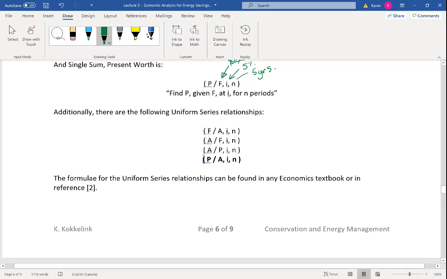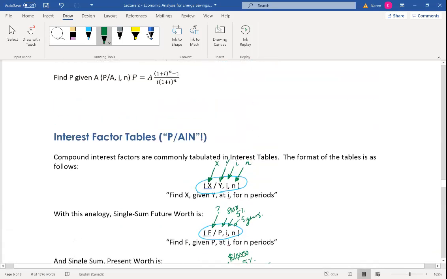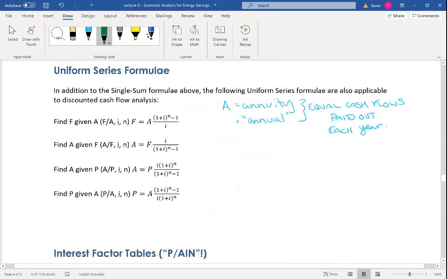And there's also these relationships that include A, the amount of gain or loss, or cost that you're going to have every year or every month. So that these additional factors correspond with these equations.